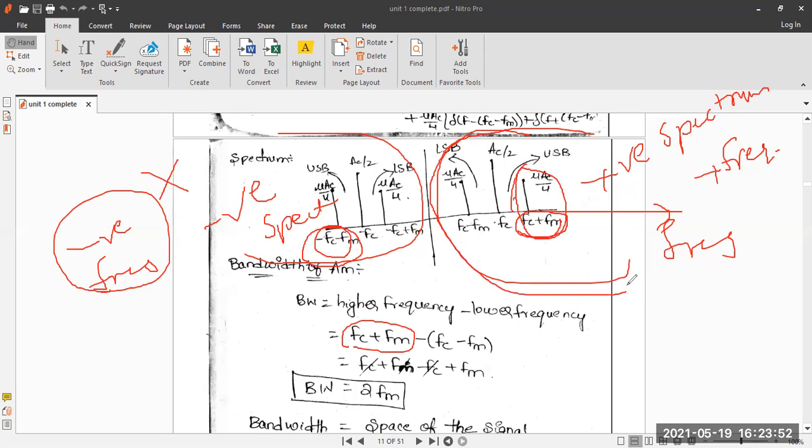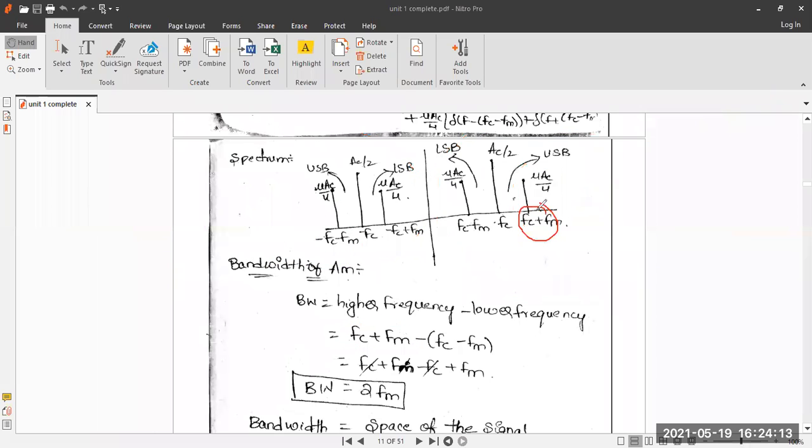Here we consider only the positive spectrum and we remove the negative spectrum from consideration because negative frequencies are imaginary. There are no negative frequencies. That's why this is the highest frequency and this is the lowest frequency.